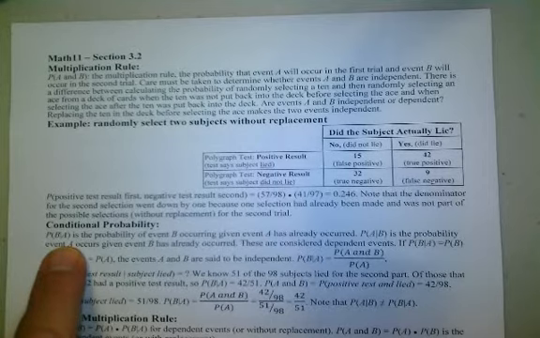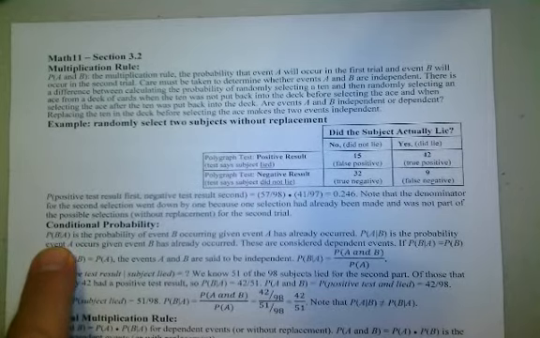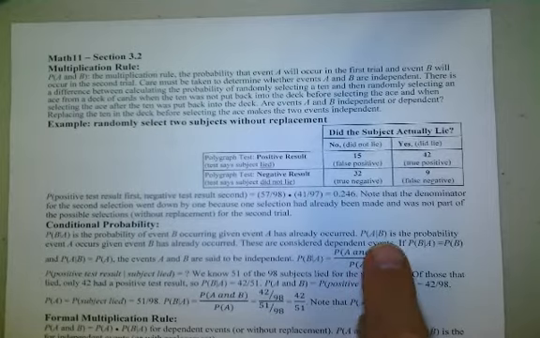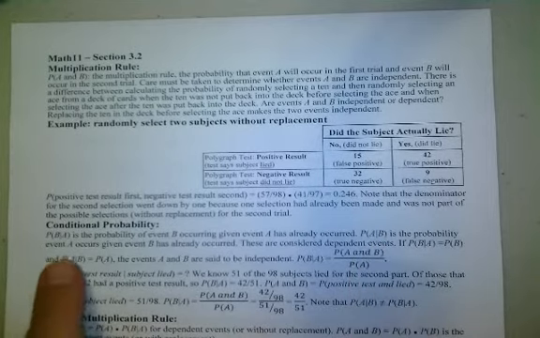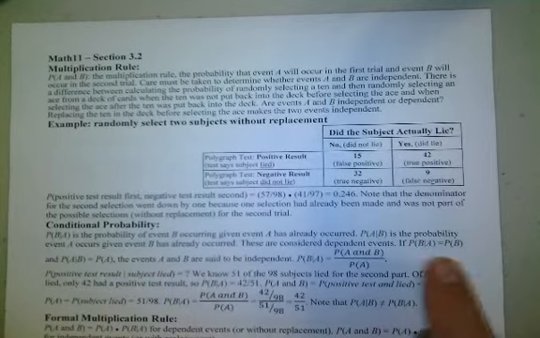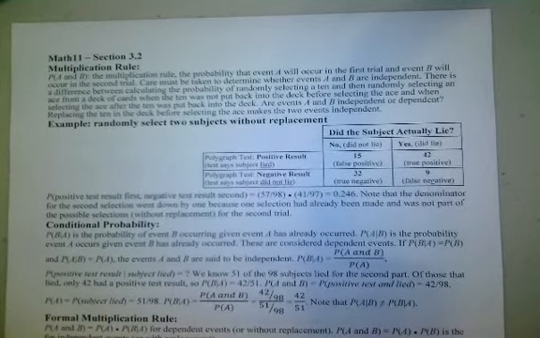So this would definitely be a dependent case. But really what you're saying is, I know A has happened, so what's the chance of getting B now that A has already occurred?